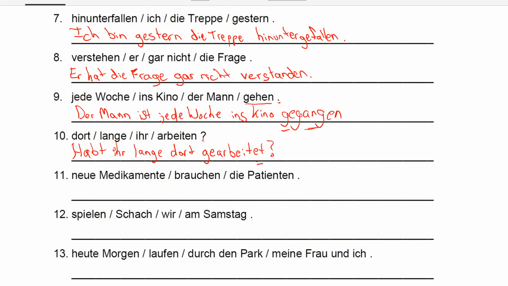In Nummer 11, we have die Patienten, who are the ones that needed something. They apparently needed new medications. So we have the patients, die Patienten. And then we have a form of haben here, which in this case is also haben, because this is a transitive verb. It's the thing they need here is the new medications.